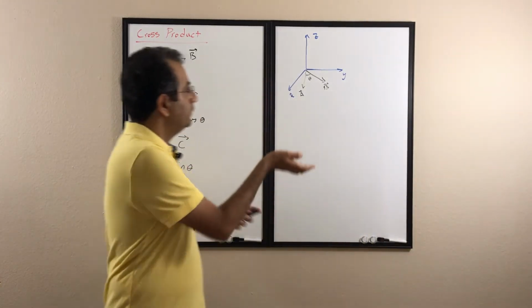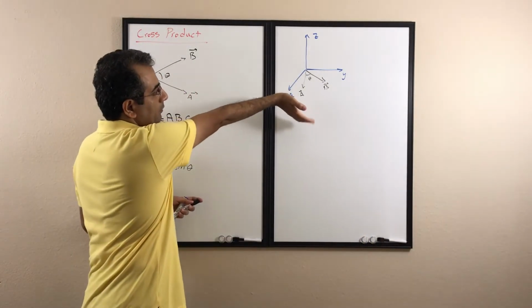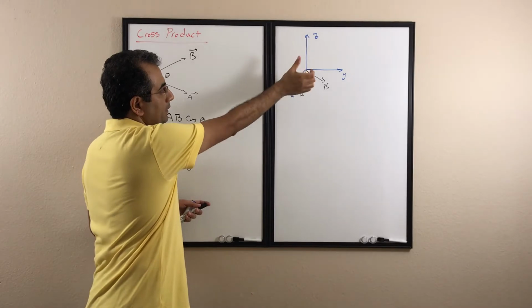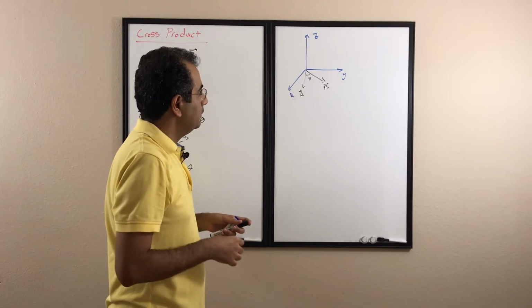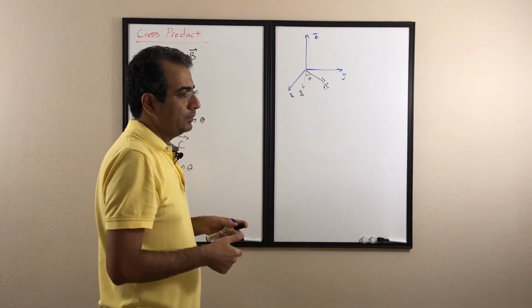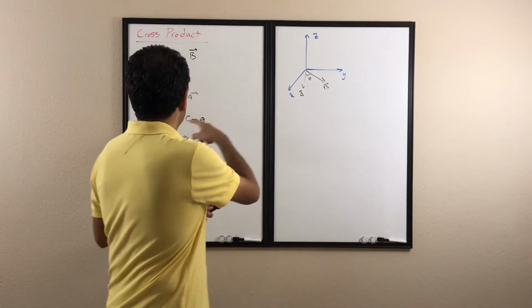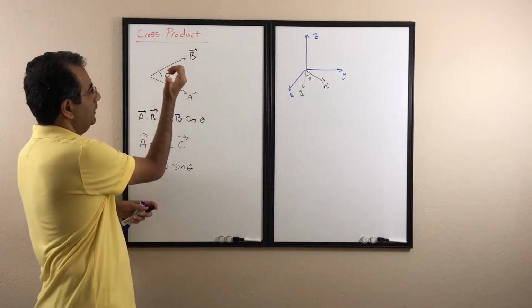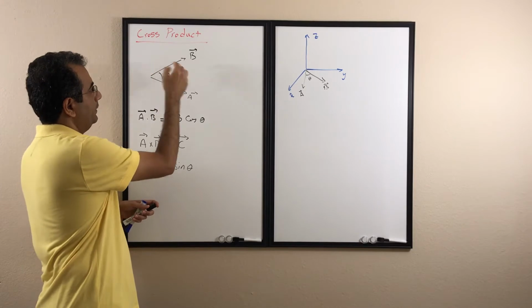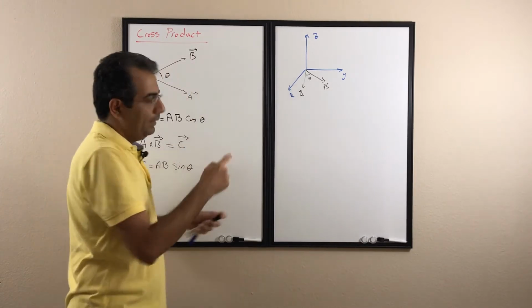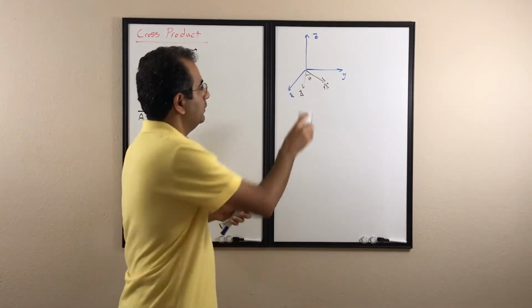If I put my forefinger along A and curl it toward B, the direction of my thumb is going to give me the direction of the result. So as I show here, A toward B, the thumb is going to be perpendicular to A and B.